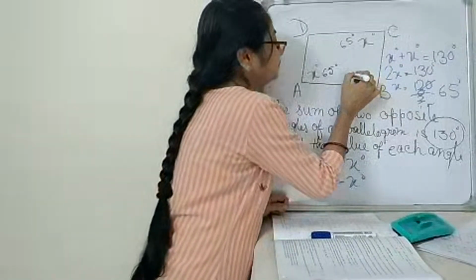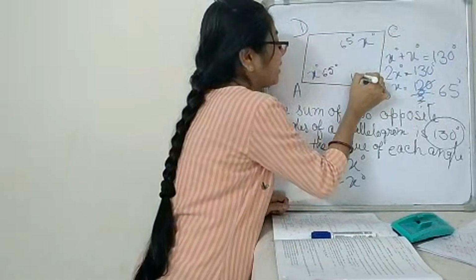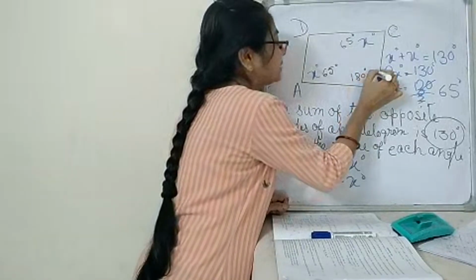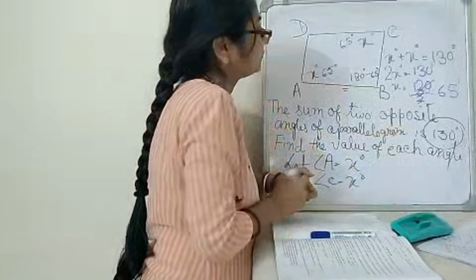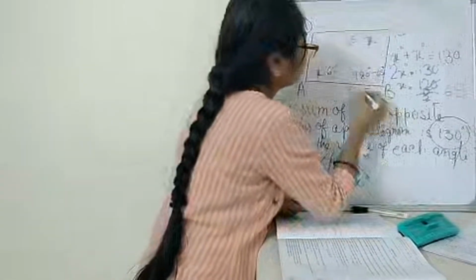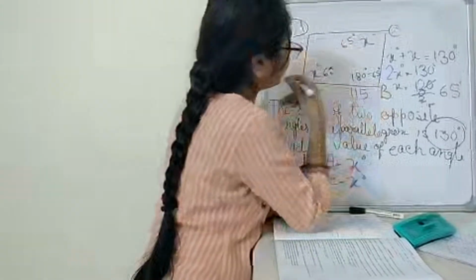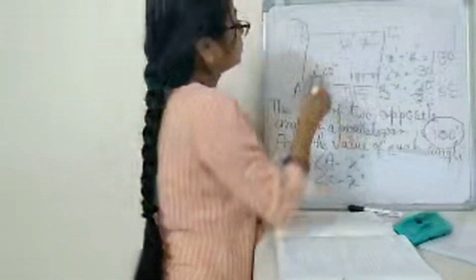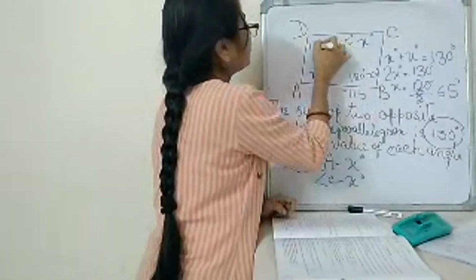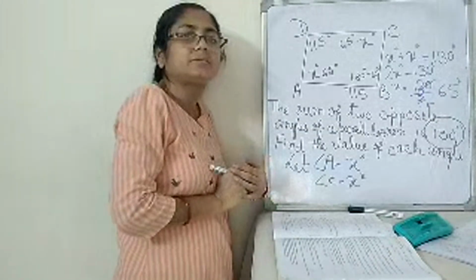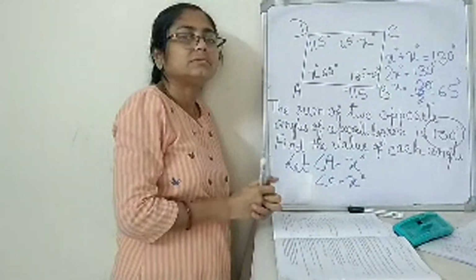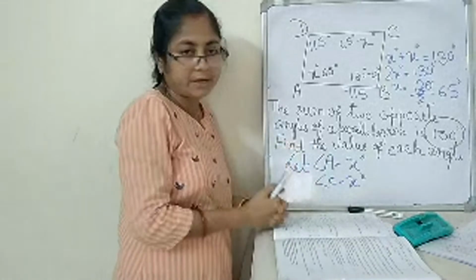Angle B is 180 degrees minus 65 degrees. It is 115 degrees. Is it clear for everybody? If you want, I can repeat it one more time.